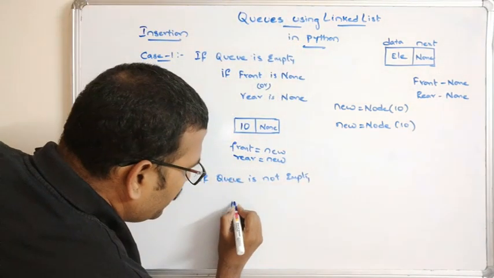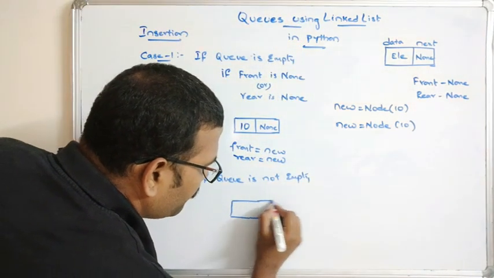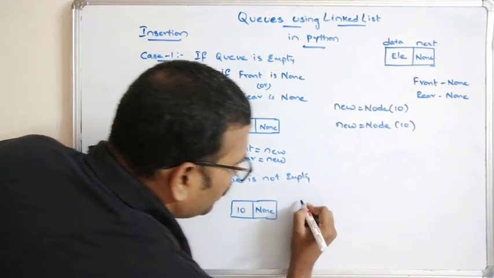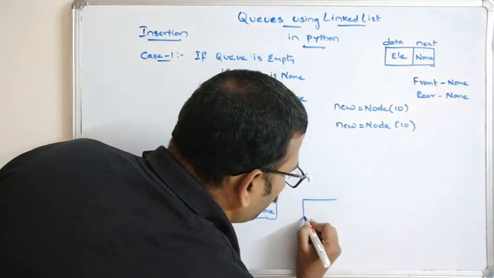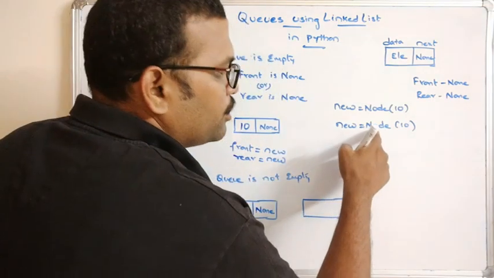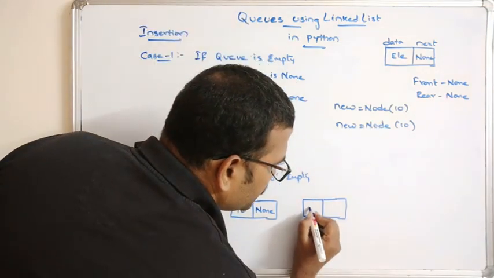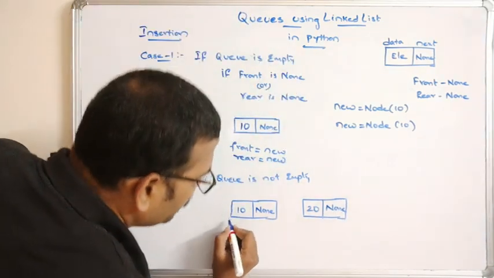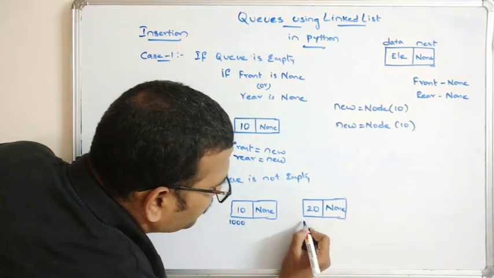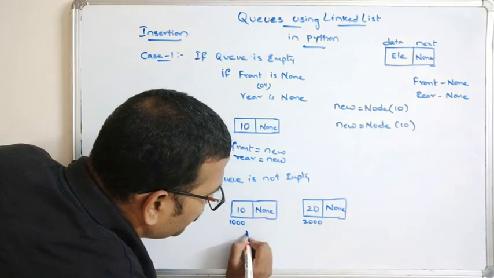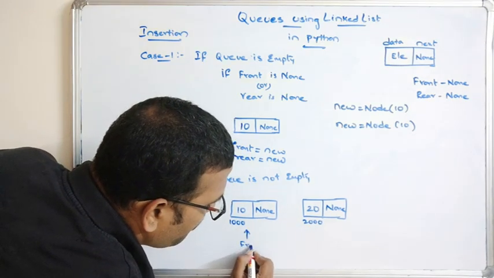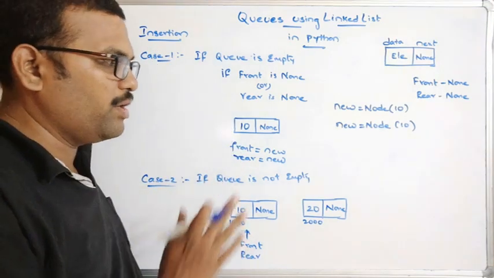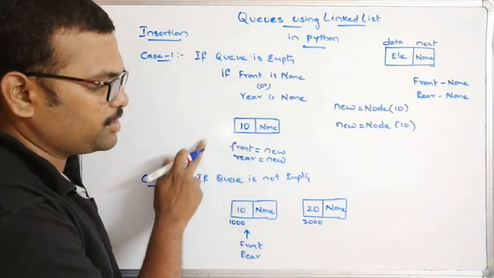Let the queue have 10 and none, and one more node has been created. After executing this second statement, that is 20 and none. The value is 1000 and the address is 2000, and here front and rear both are pointing towards the first node.